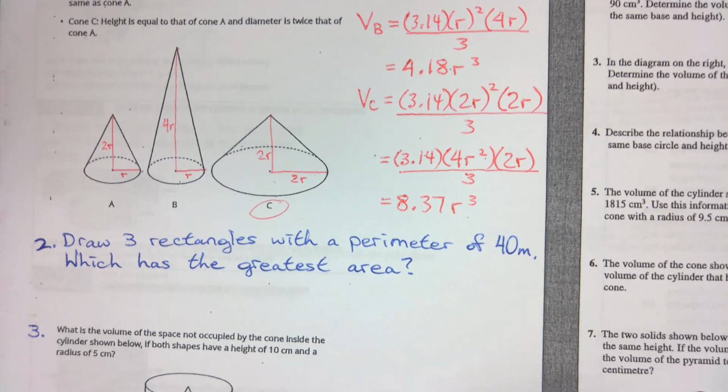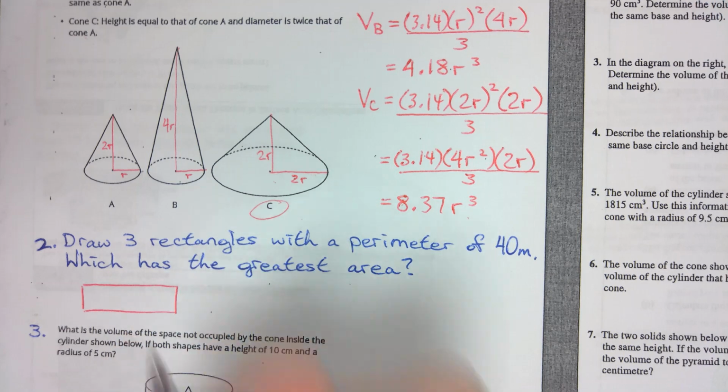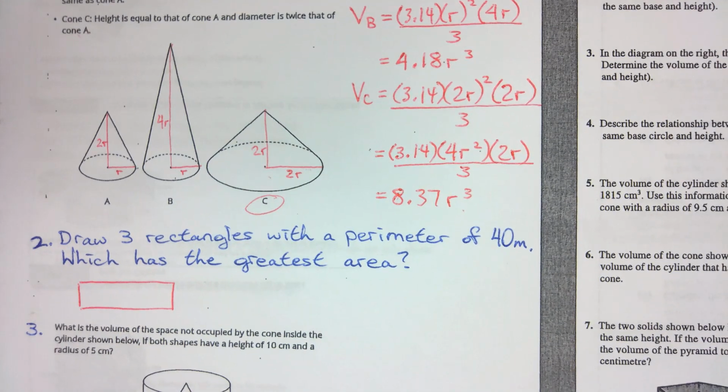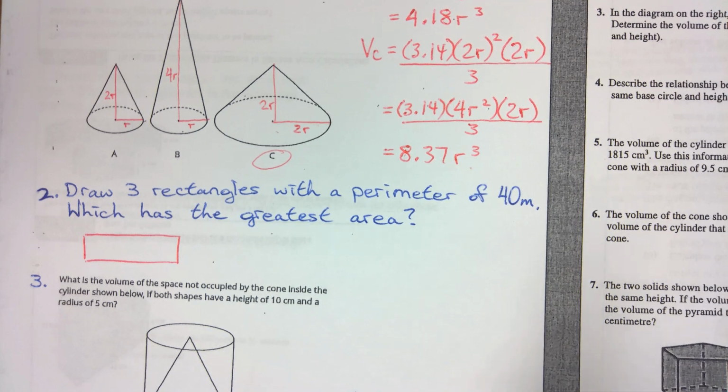So, Jayan, if I have a perimeter of 40 meters, can you tell me the dimensions of one rectangle? Alright, so what plus what plus what plus what gives me 40?